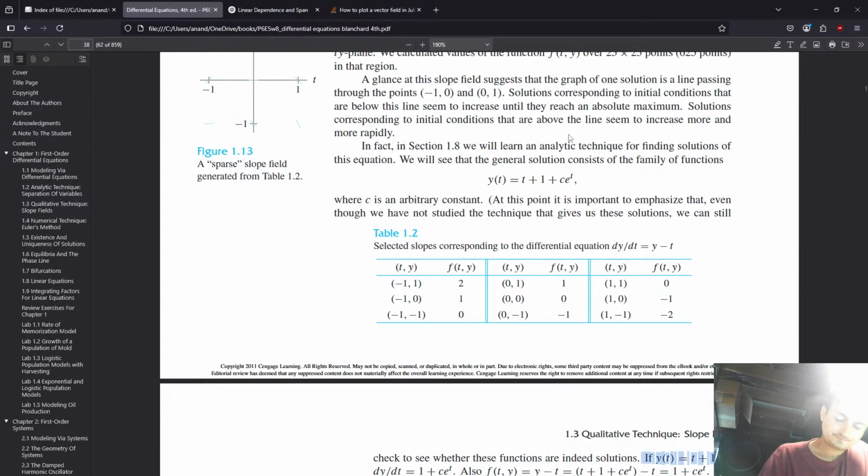So if we plug in y there, we're gonna get t plus 1 plus ce to the t minus t. So this crosses out, and this becomes 1 plus ce to the t, and that is what we get. Alright, so that checks out.